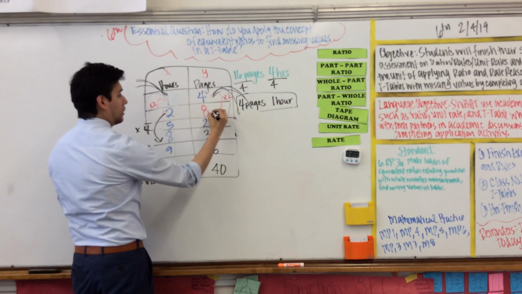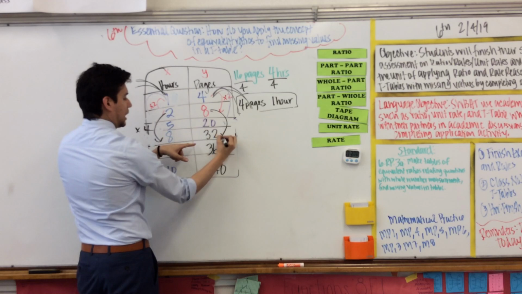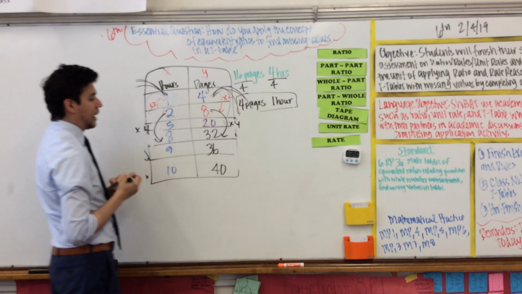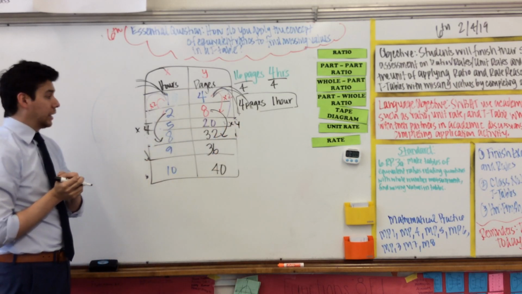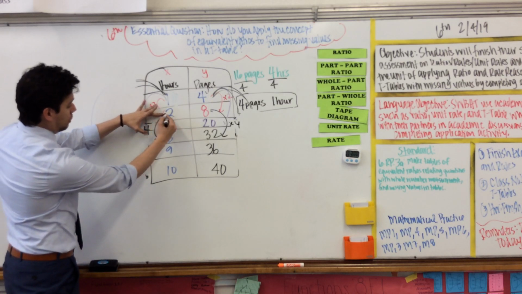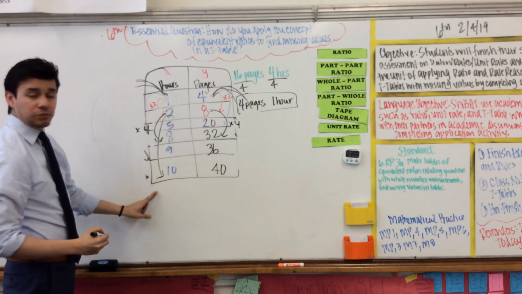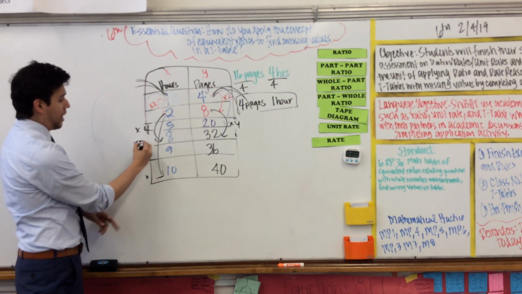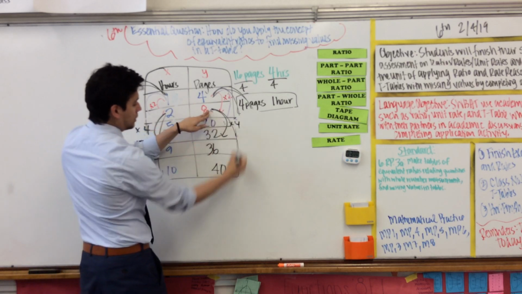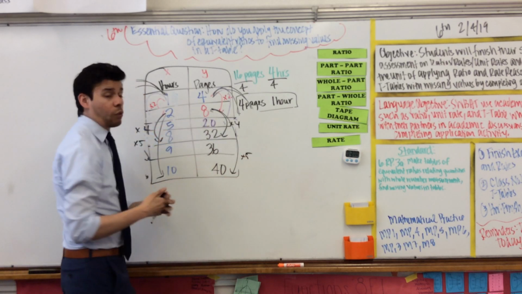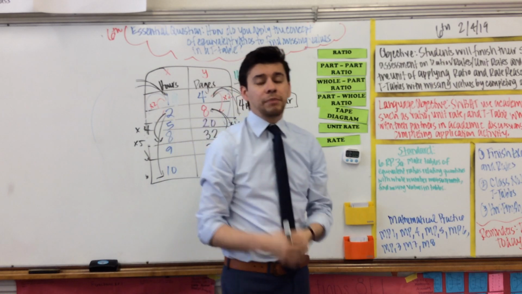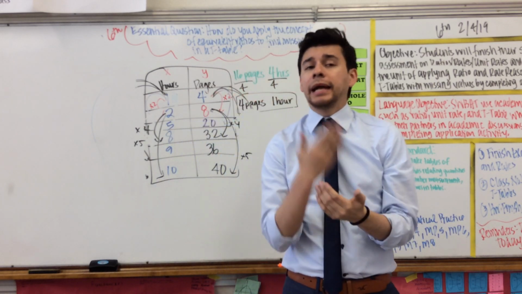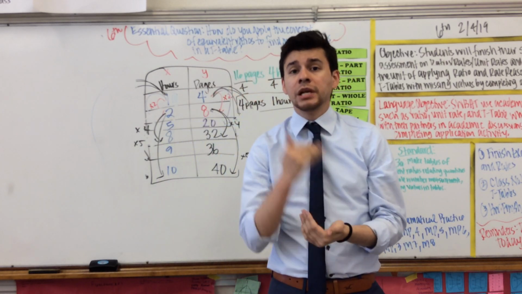So if I go over here, I start with 8, times it by 4, and look at that. I get 32. Okay? I could have also done 2 to 10, right? I could go from 2 to 10, multiply it by 5, so I could go from 8 times it by 5 is 40. T-tables is all about patterns, but it has to be equivalent ratios in order for you to do that.